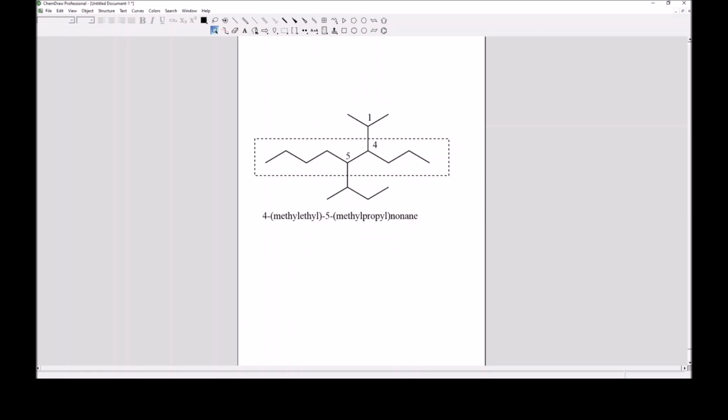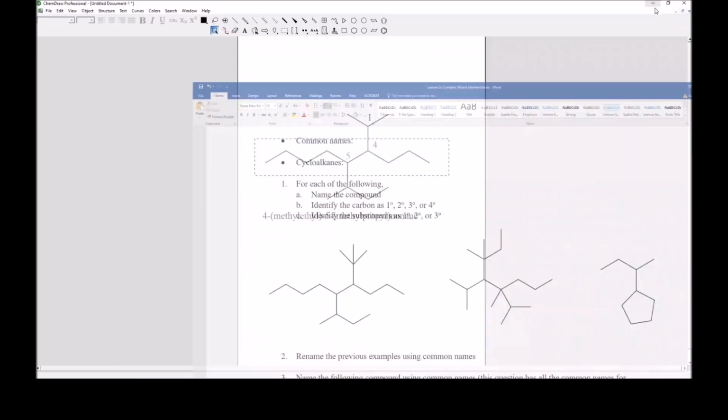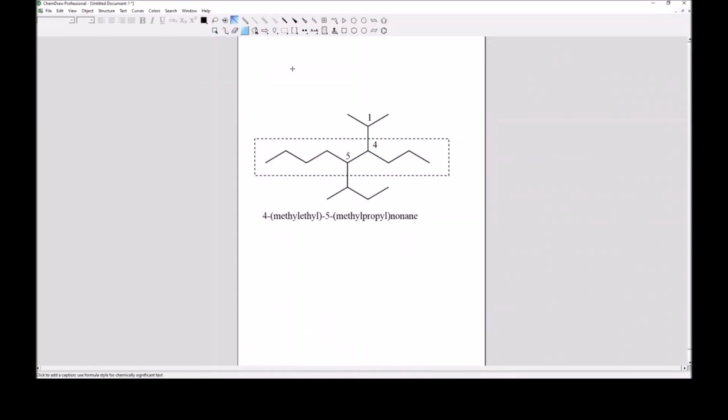But we still haven't even gotten to the practice question I wanted you guys to look at. Notice that in the practice question, there's another methyl group right there. And you'll notice that that methyl group is not connected to the parent chain. It comes off of the 1st carbon of this branched substituent. And so let me draw that in.